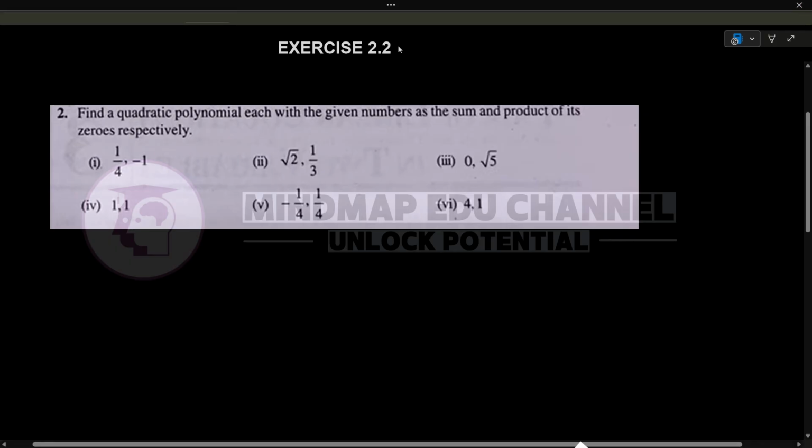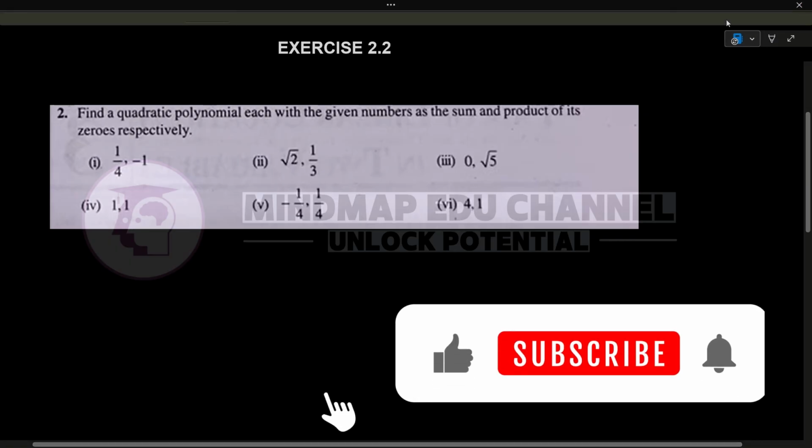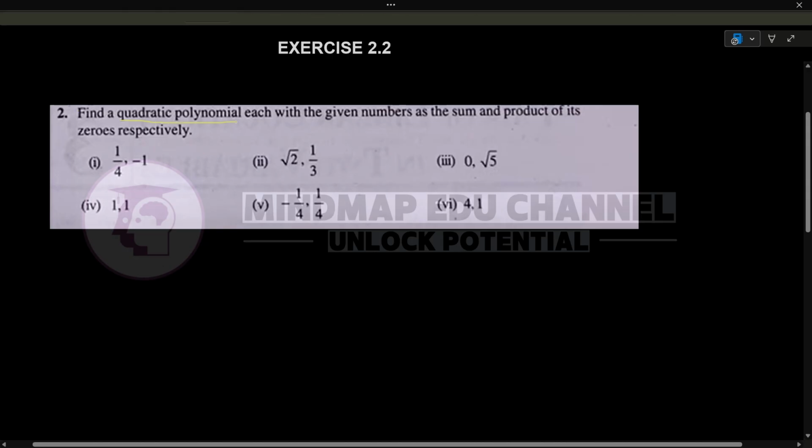So let's do question number 2 of exercise 2.2. Here, find a quadratic polynomial, each with the given numbers as sum and product of its zeros respectively. So here, sum and product of the zeros are given and we have to find the quadratic polynomial.